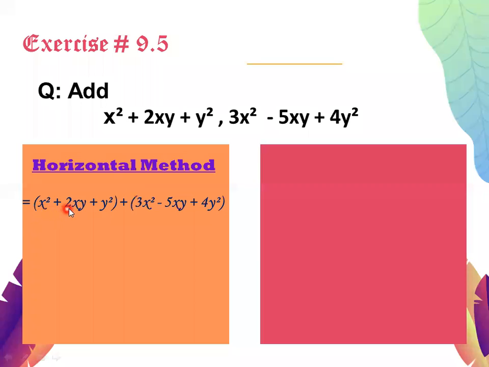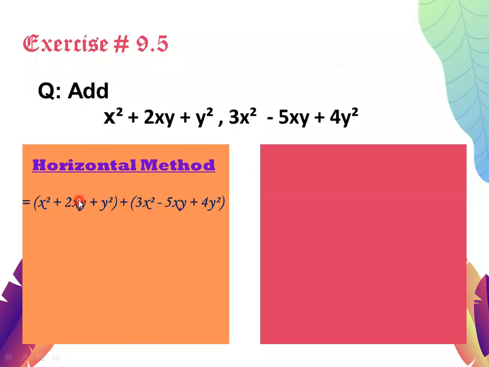This is your first expression, x square plus 2xy plus y square. You will keep it inside the bracket, then this comma will be replaced with the sign of addition, because we are performing addition here. And then your expression number 2, that is 3x square minus 5xy plus 4y square.